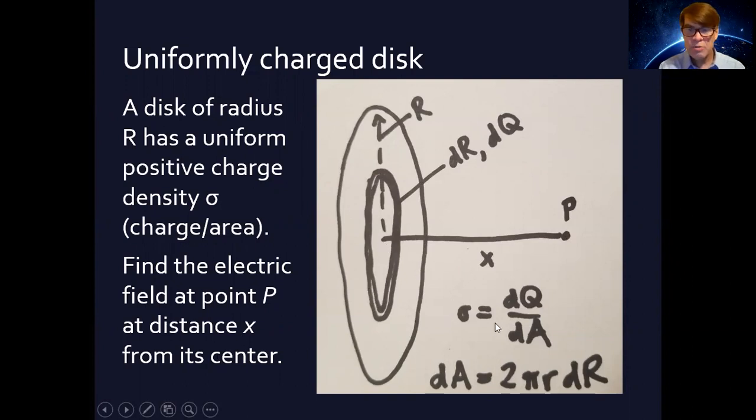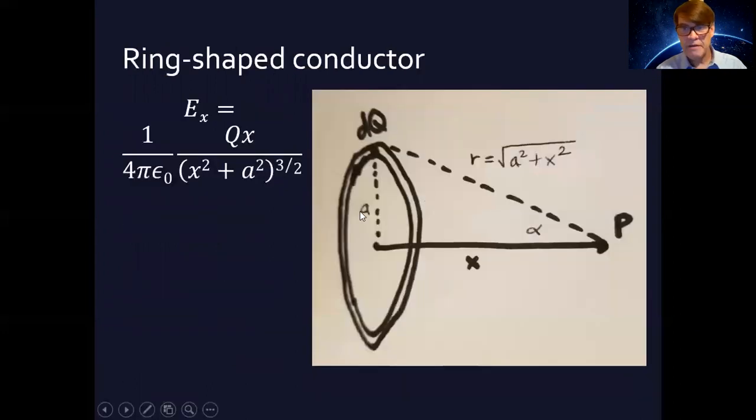All right. So we've already said that the charge density we can express as infinitesimal q per infinitesimal a, dq per dA. And dA, the infinitesimal area, we're going to think of this disk as being made of an infinite number of infinitesimal rings, which means that we can pull in from a previous example, a ring of charge.